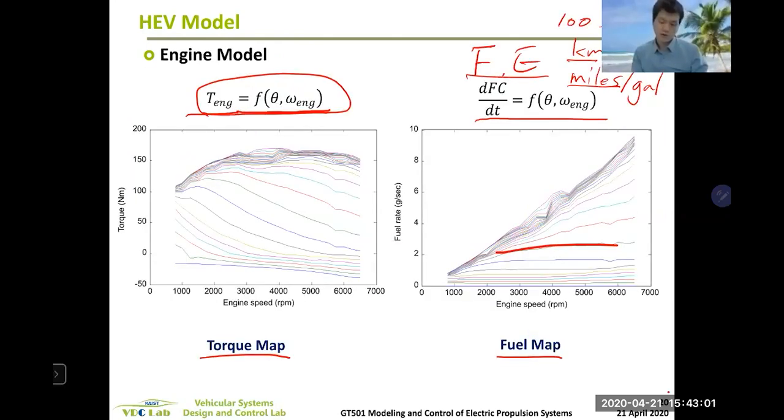You also need how much fuel is consumed. And to compute that, you need to also take the integral of this rate, the fuel consumption rate. Then you get fuel consumption. Okay.